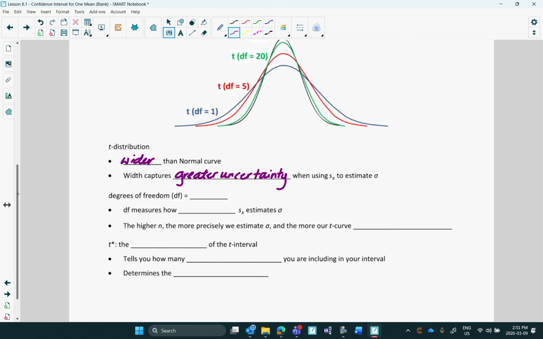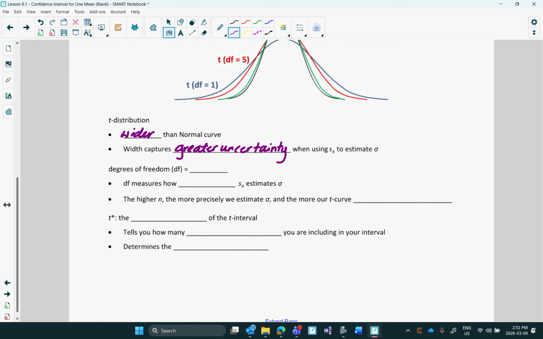DF stands for degrees of freedom. How do you find the degrees of freedom in any problem? It's the sample size minus 1. The higher the degrees of freedom, the closer we are to a normal distribution, but it's still not exactly the same as a normal distribution.